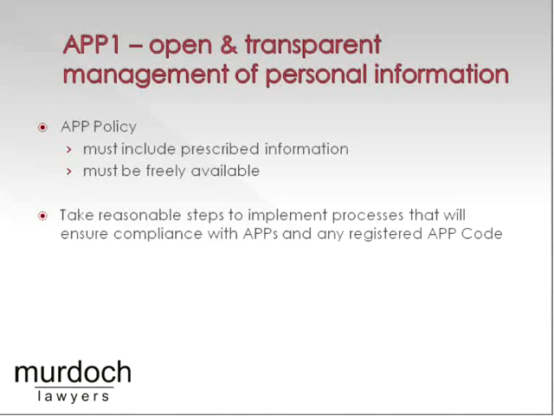The most important thing here is the content of an APP policy. It must include the information which is prescribed in APP 1. The APP policy must be freely available. Most commonly that's going to be located on websites.